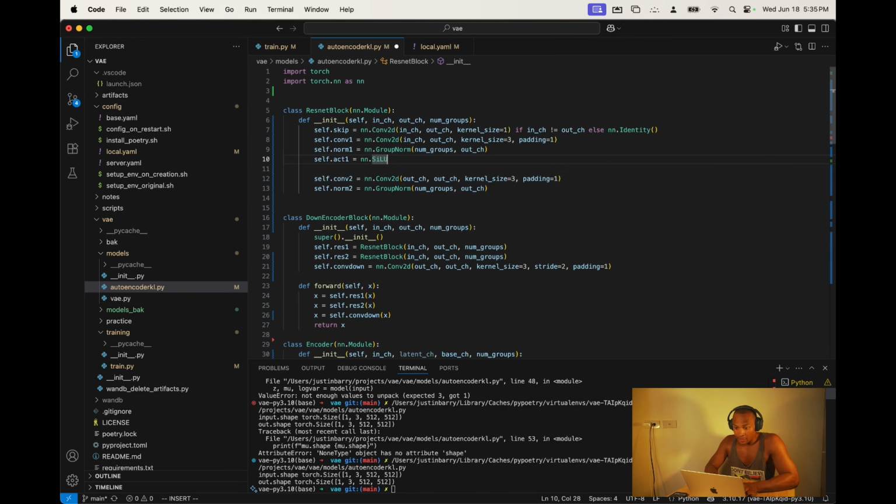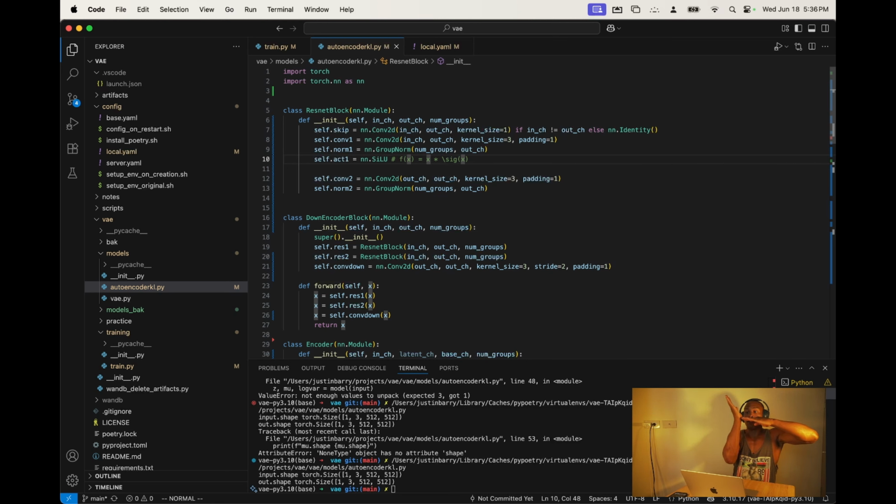This is going to be a sigmoid linear unit, SiLU. It's basically just f of x equals x times sigmoid x. The main thing this activation function gives us is that it's differentiable in all places.